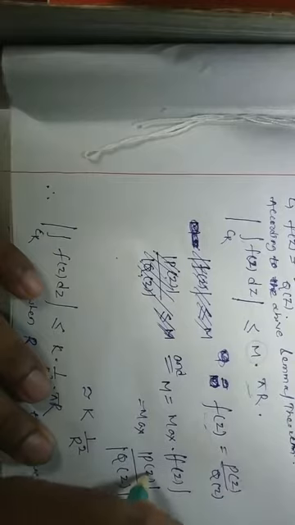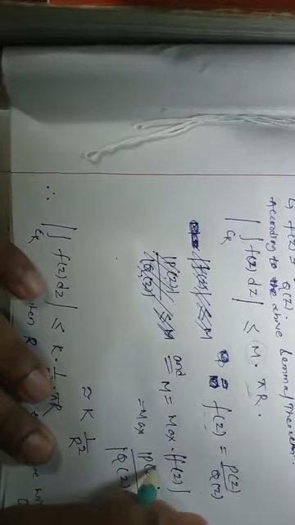Likewise, take the modulus of p(z) by the modulus of q(z). Now you have to think that q(z) is at least 2 degree greater than that of p(z).